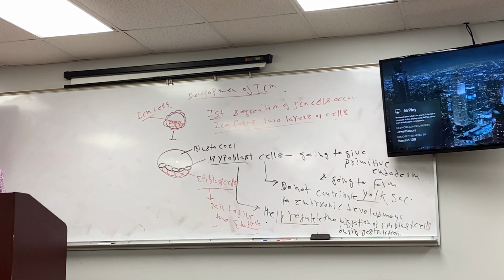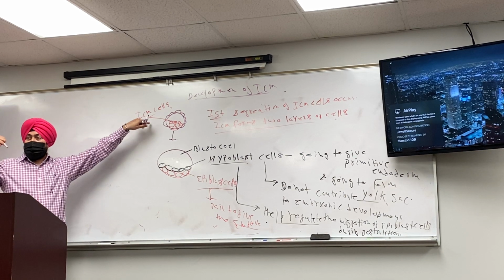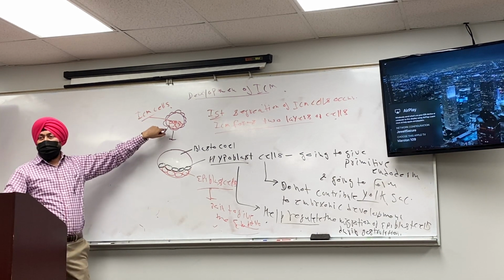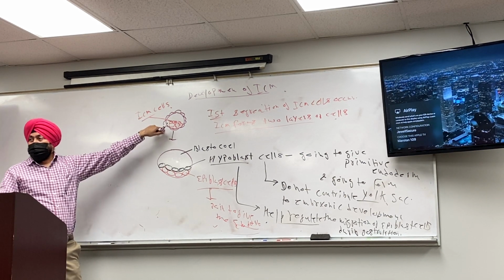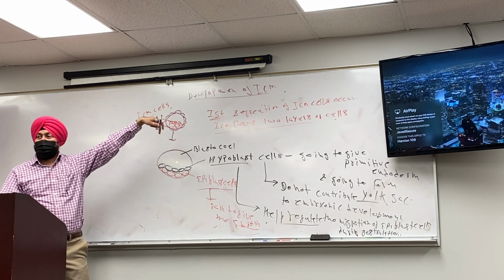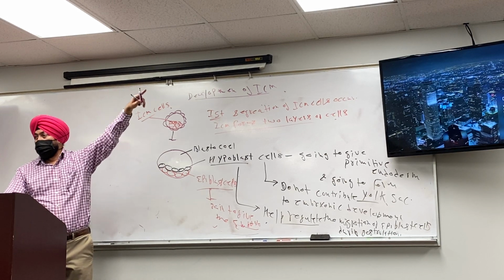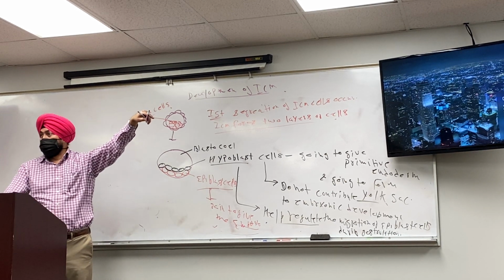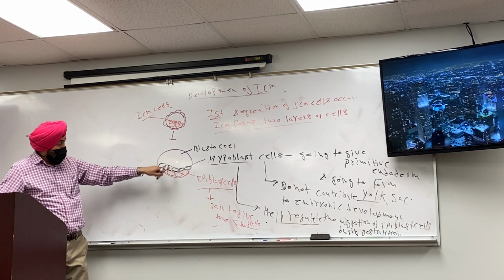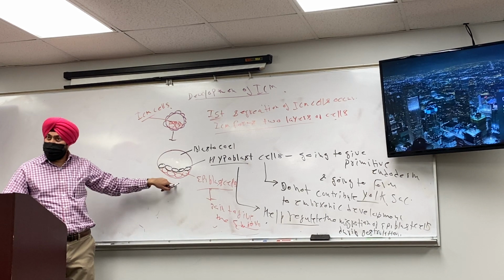Remember, everything is changing. When it was a blastocyst, we were saying every cell of the ICM, inner cell mass, can give you a new organism. We said they are pluripotent. Here, we are changing that statement because this is no more a blastocyst.